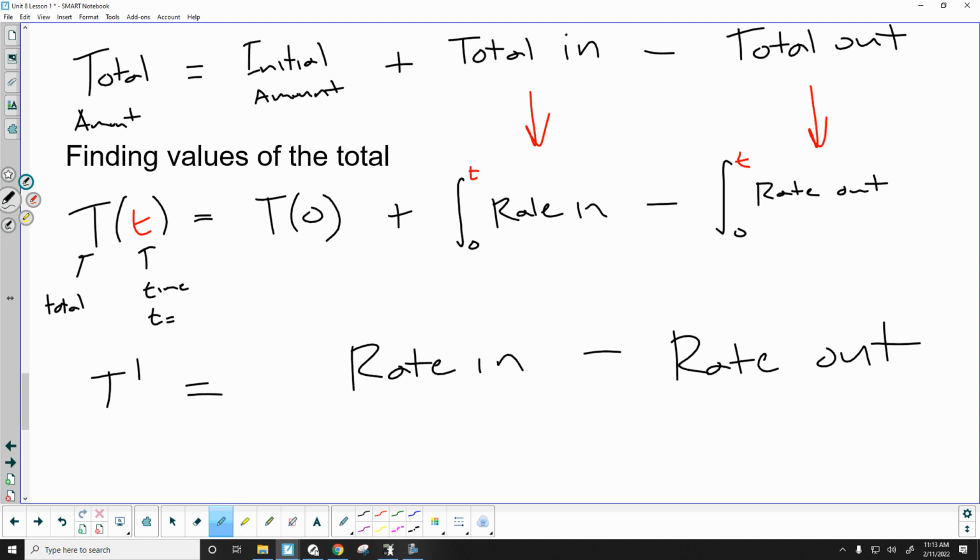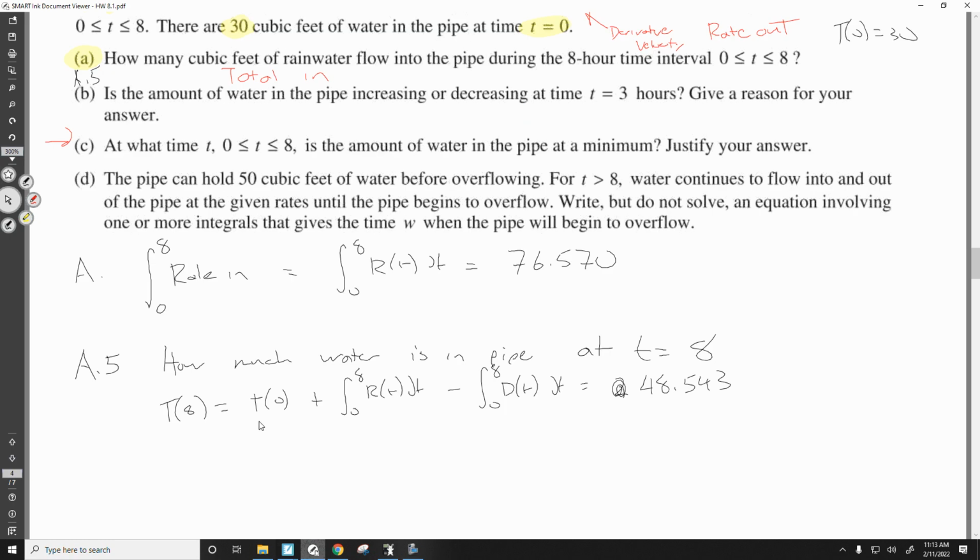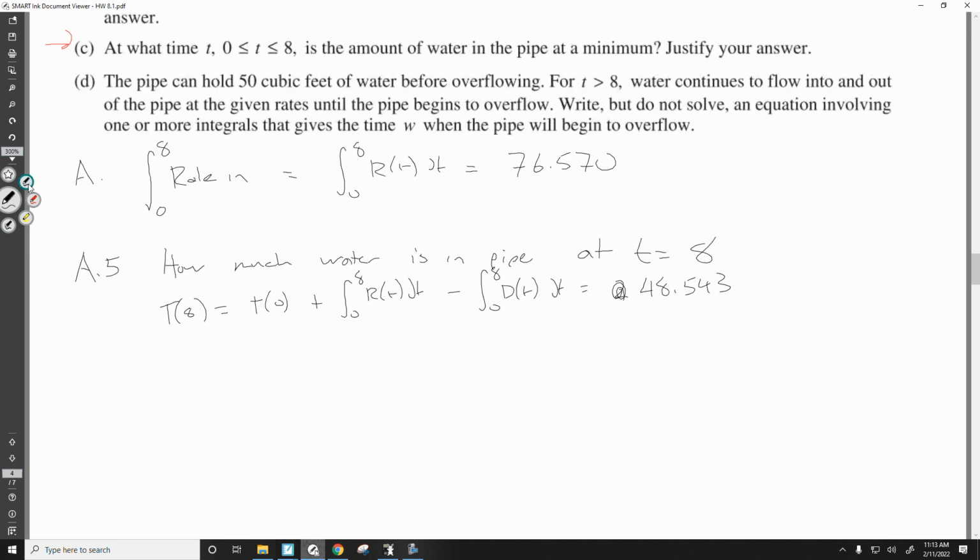Is it still d over dt? Yeah, we're still doing time. Now, that means in y equals, for this situation, to answer part C, T prime is the entire equation R of t minus the entire equation D of t. That's a lot to type into y equals, but that's what you have to do.